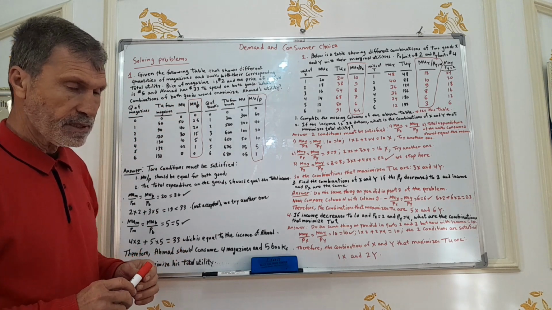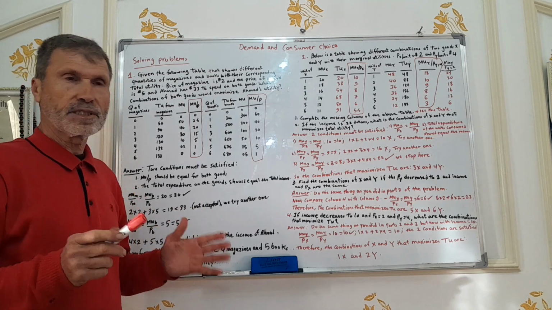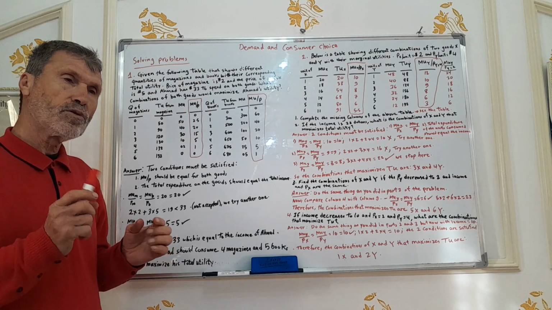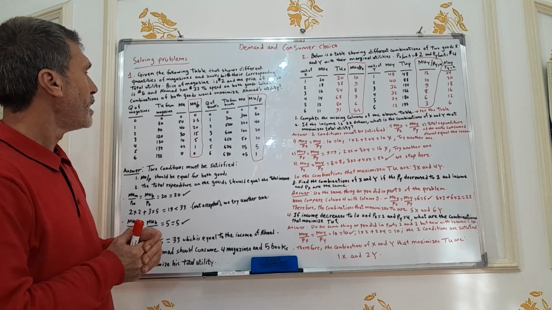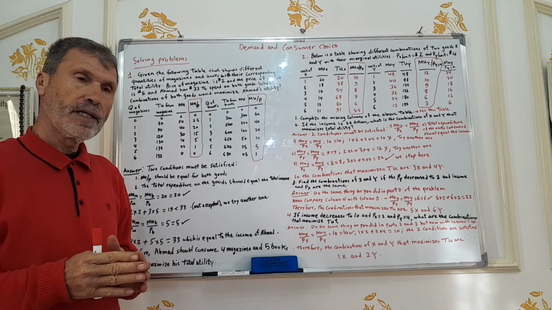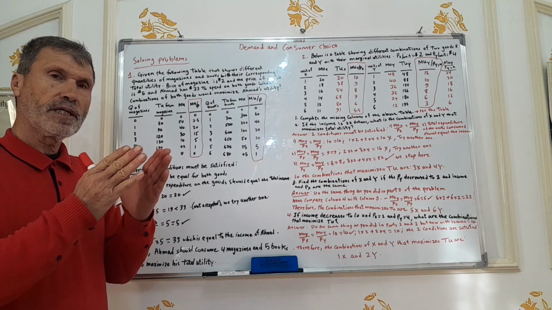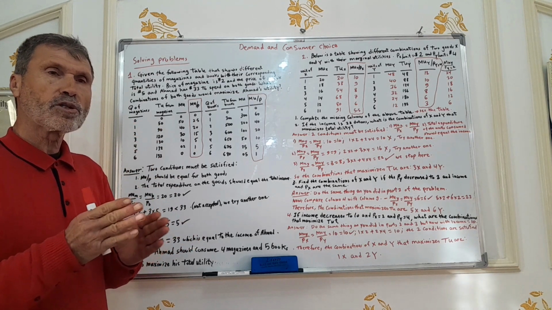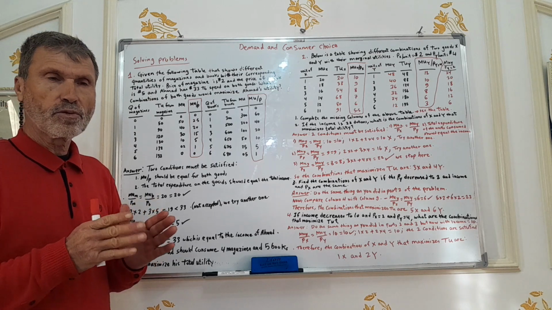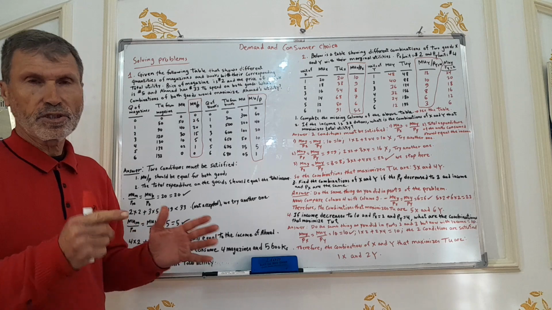Of course, the very first thing is that a table is given and we have to fill in the missing values. Usually in a question like this, you are given the number of units of each good and the total utility, and all you have to do is find the marginal utility and the marginal utility per price for each good.